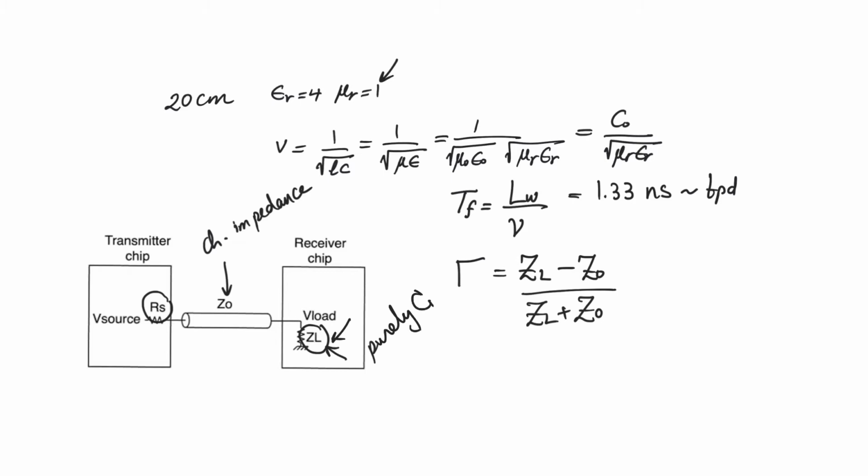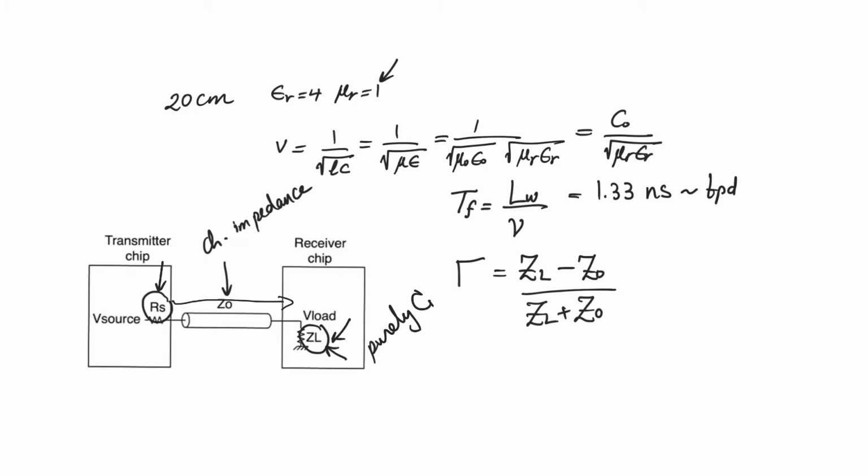And so when we try to design transmitters and receivers so that we can minimize the amount of reflections we see, we have to consider the value of RS rather than the value of ZL, because ZL is going to be infinite.